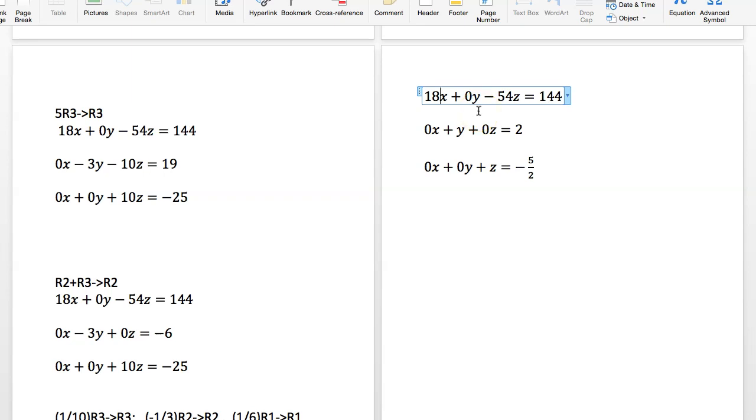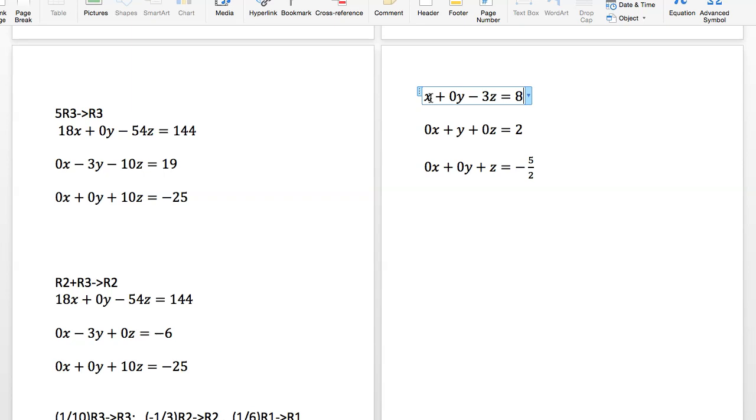If I divide by 9, I get 2. If I divide by 9, I get 6. If I divide by 9, I get 16. But yeah, I could have divided by 18. If I divide by another 2, I get 1, I get 3, and I get 8. Yeah, I guess I could have.